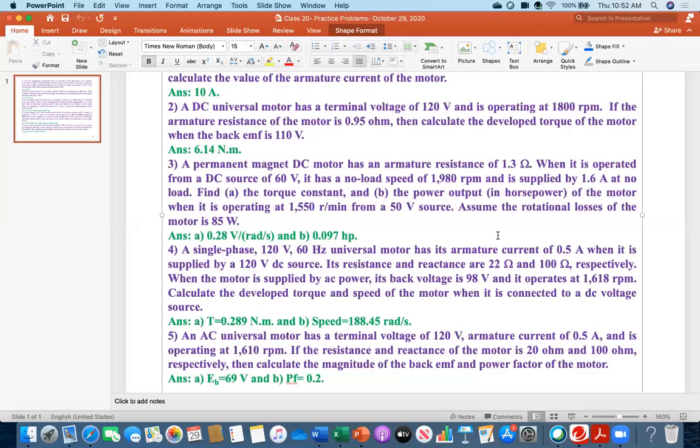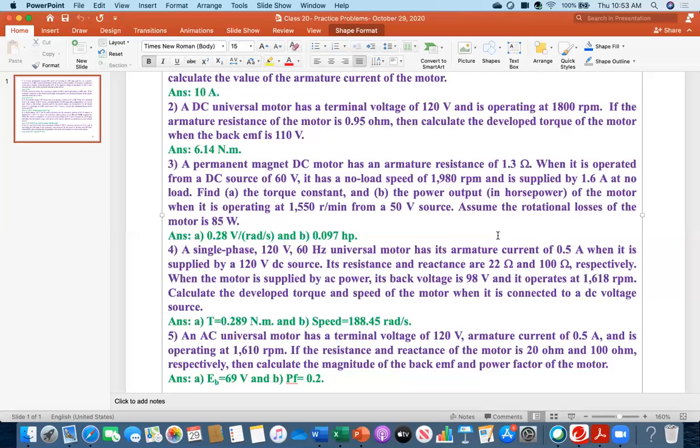Then you should still get the same result. What was the second way I could have done it? If you see an impedance triangle, with R on the x-axis, X on the y-axis, and the hypotenuse is Z, Z is root of R square plus X square.